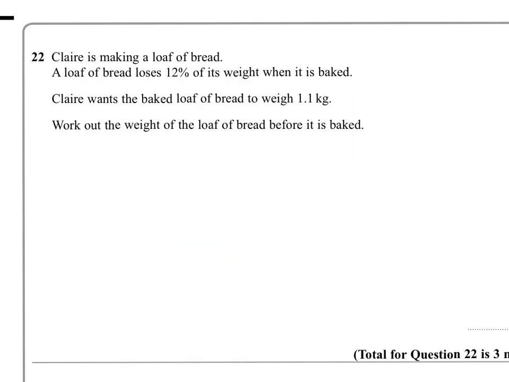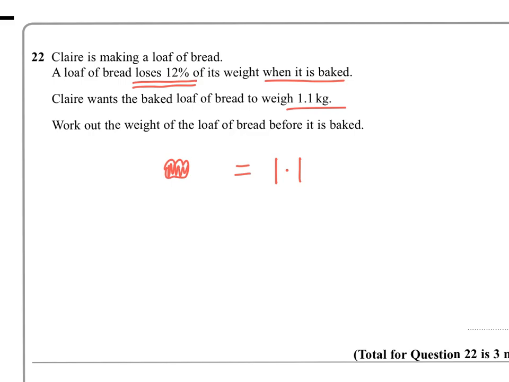In this particular question, Claire is making a loaf of bread, and a loaf of bread loses 12% of its weight when it is baked. She wants the loaf of bread to weigh 1.1 kilograms. So we want the final outcome to be 1.1. And then if we have our loaf of bread here, we know that it loses 12% of its weight.